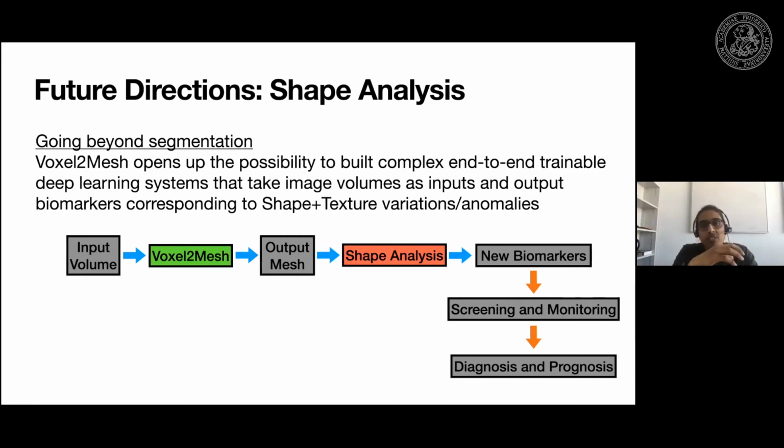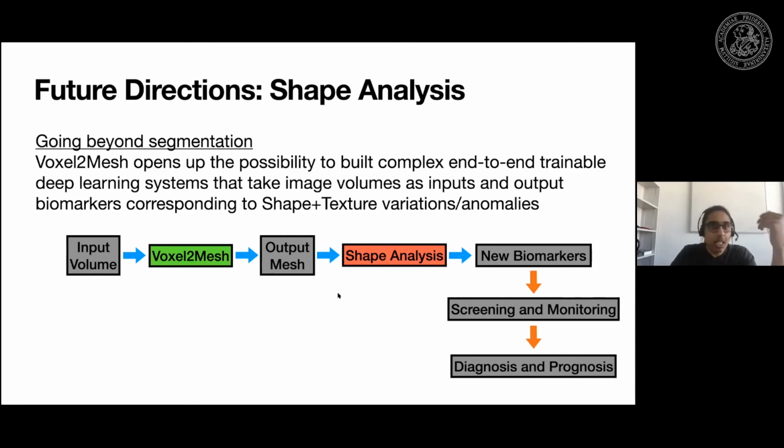So now Voxel2Mesh outputs the mesh, and these meshes can then be coupled with shape analysis techniques that would result in new biomarkers that could be used for screening and monitoring, and at the end, diagnosis or prognosis. I put these orange arrows because down the line, these should also be replaced by deep learning models.